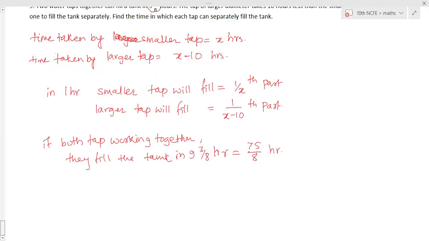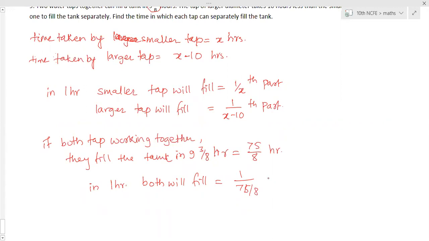So both of them together in 1 hour, how much part of the tank will be filled? 1 by 75 by 8.